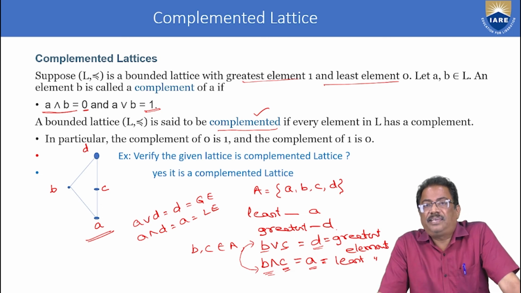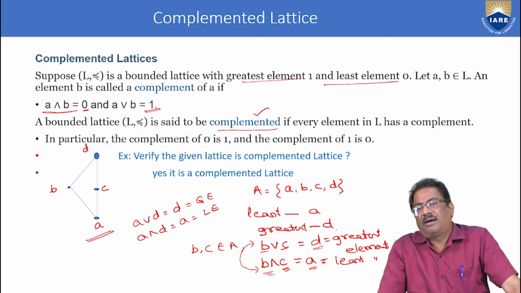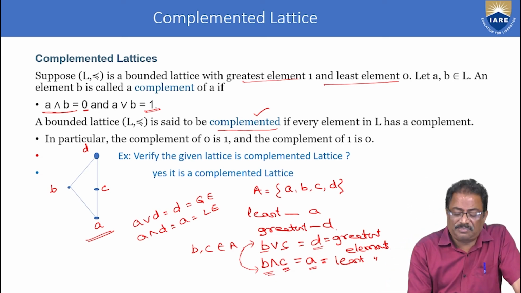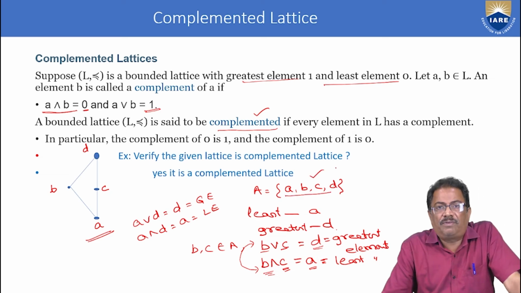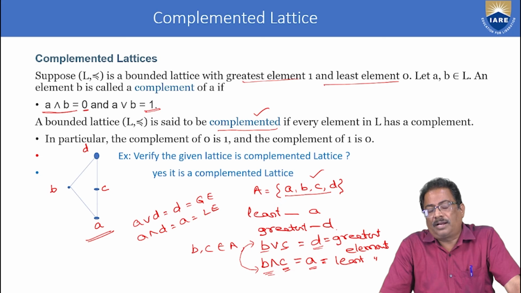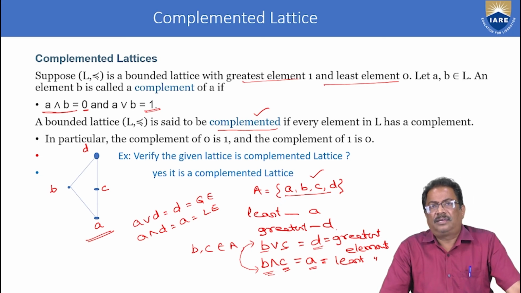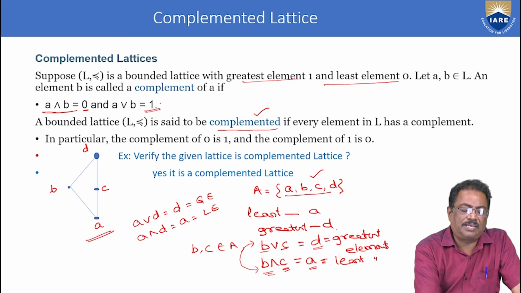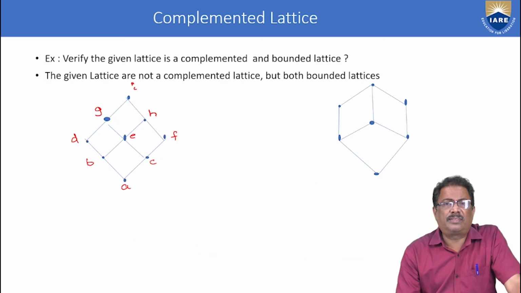A complement is D, D complement is A. Similarly, B complement is C, and C complement is B. So in the set {A, B, C, D}, every element has at least one complement. So we can also say that the given bounded lattice is a complemented lattice. Both ways are the same.